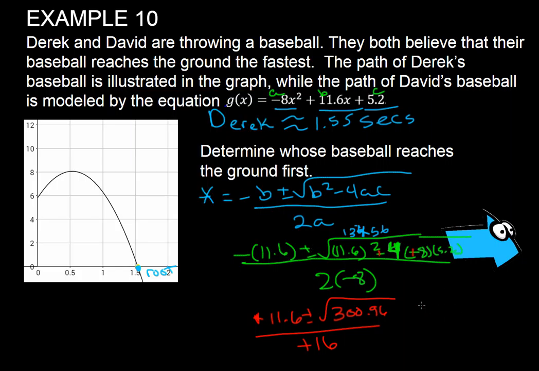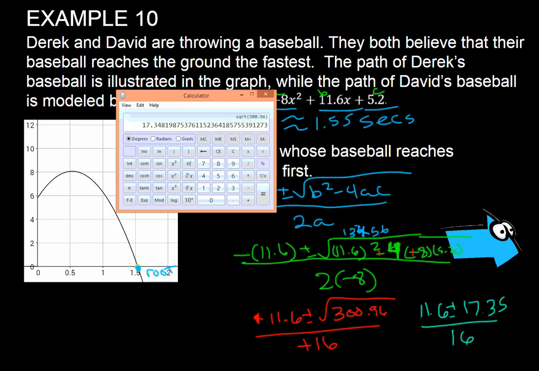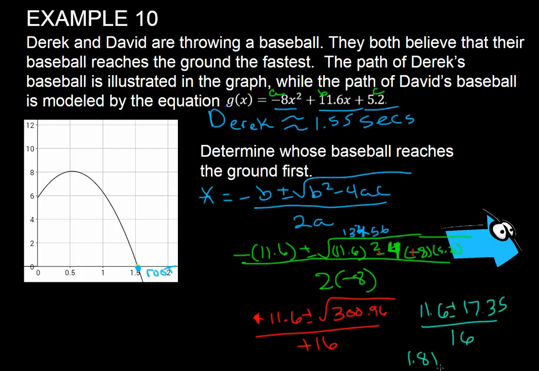So we get 11.6 plus or minus 17.35 over 16. We take 11.6 plus 17.35 divided by 16, and we get 1.809. So we're going to round that to 1.81.